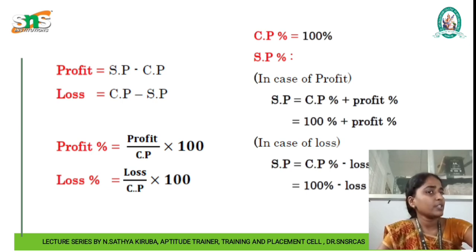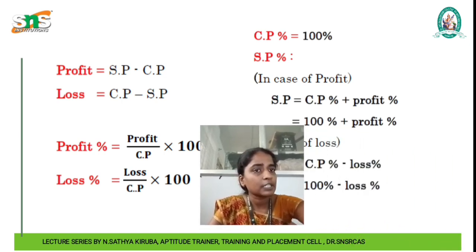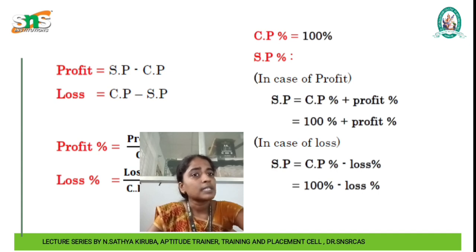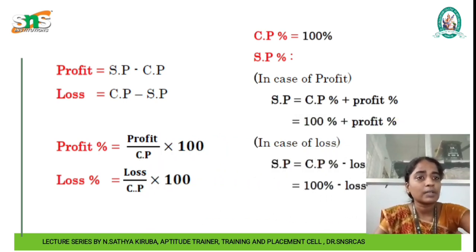Profit percentage is profit by cost price into 100. Loss percentage is loss by cost price into 100. Cost price percentage is always 100 percent. Selling price percentage is cost price percentage plus profit percentage. If you incur a loss, it becomes cost price percentage minus loss percentage. So keep these formulas in your mind.